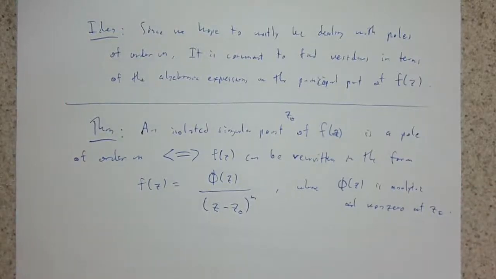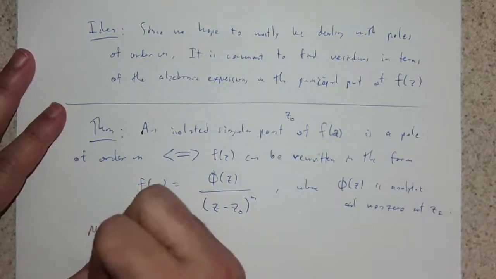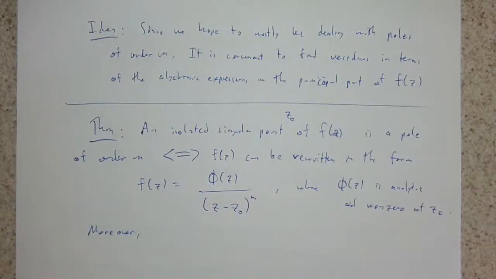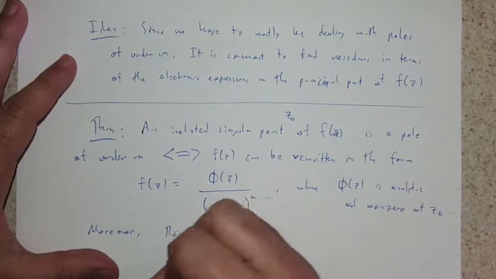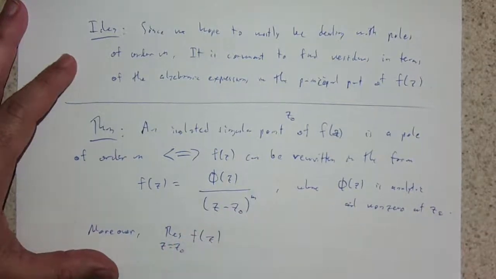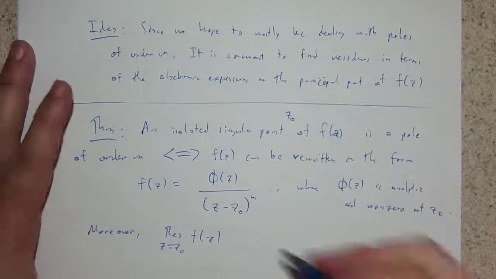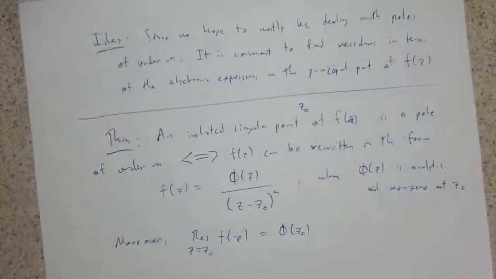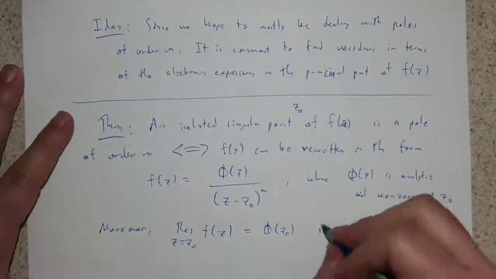In this case, moreover, the residue at z equals z naught of f of z can be computed by just plugging z naught into phi if m is equal to 1.